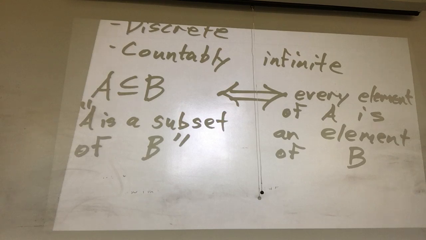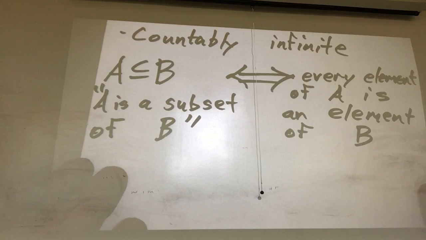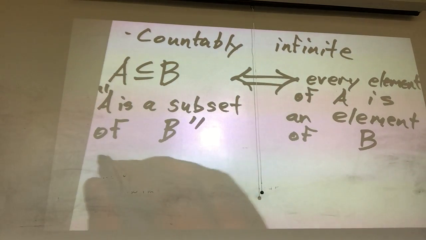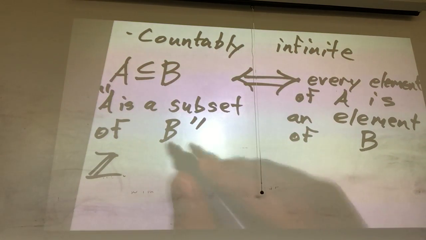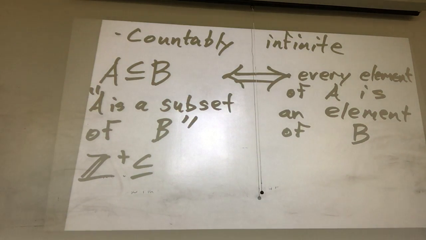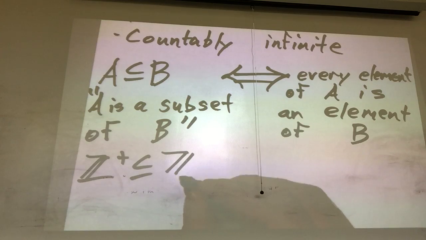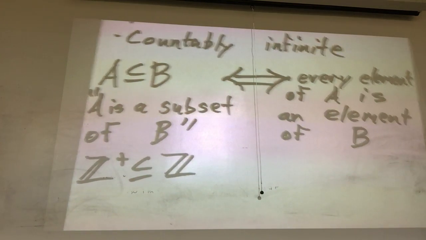And so if I was considering the subsets of the sets that we were just talking about, well, the set of positive integers would have to be a subset of the integers.